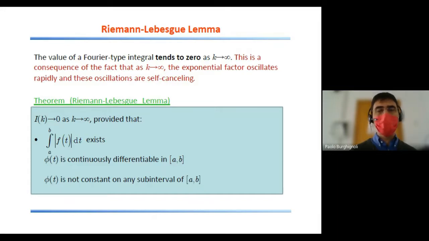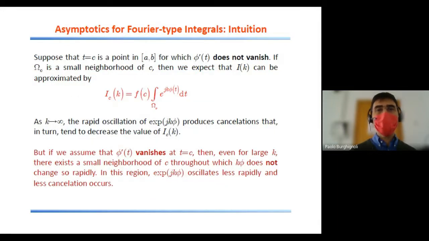Having said that, the asymptotics of Fourier type integrals can be obtained by considering this basic intuitive remark. Suppose that you have an interior point C inside the integration range, for which the first derivative of the function phi in the exponent does not vanish.